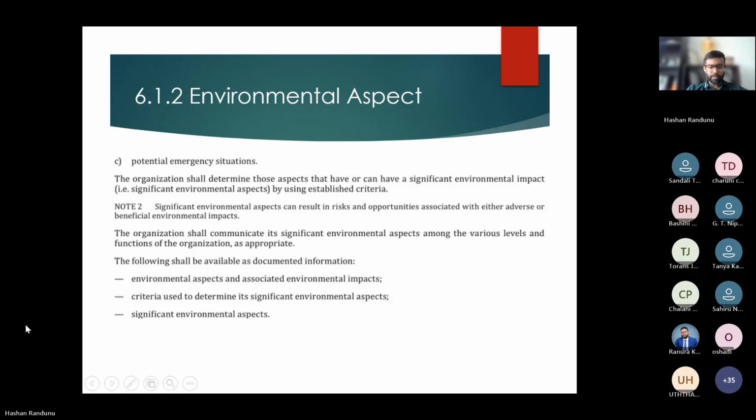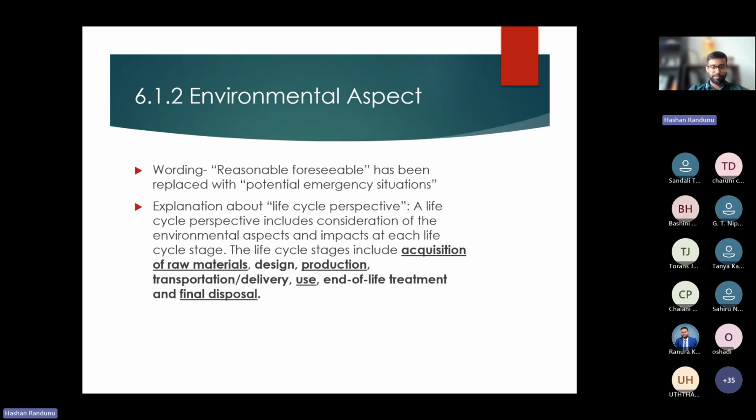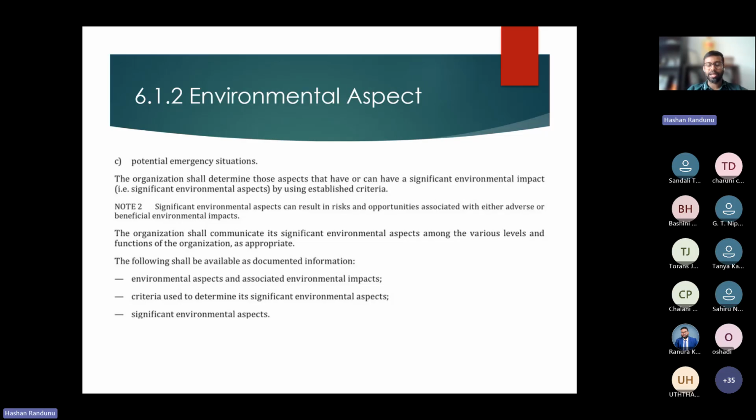And here there is a document requirement. The standard says the following shall be available as documented information. The first one is environmental aspects and associated environmental impacts. So we need to document the environmental aspects and impacts, the criteria used to determine significant environmental aspects, and also the significant environmental aspects. So in the standard, it has given us the freedom, right?